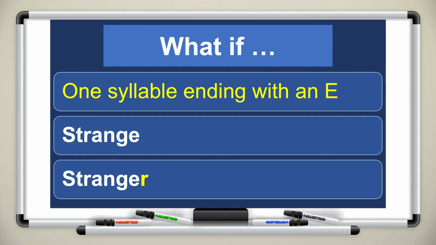So remember, if you have a one syllable word that ends with an E, you just add R to it because we already have an E. If I want to turn this adjective into a superlative adjective, I will add ST instead of EST. Why? Because it's one syllable, ends with an E, so I will simply add ST to it.